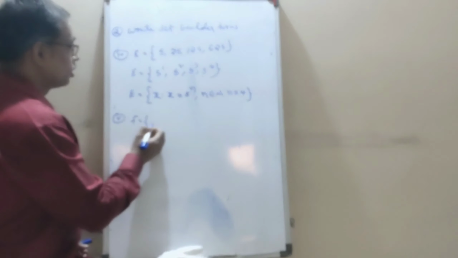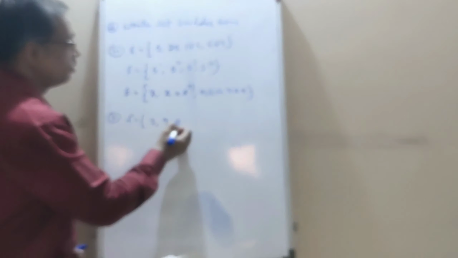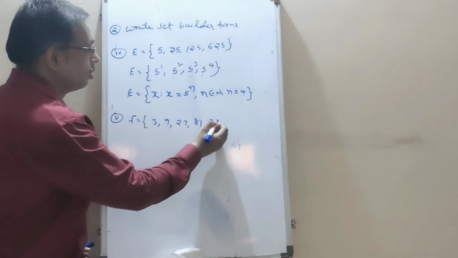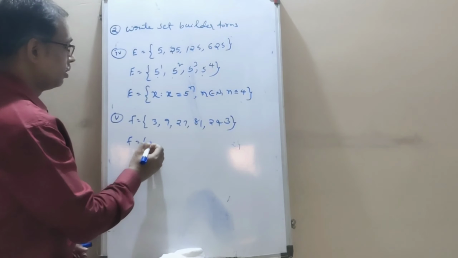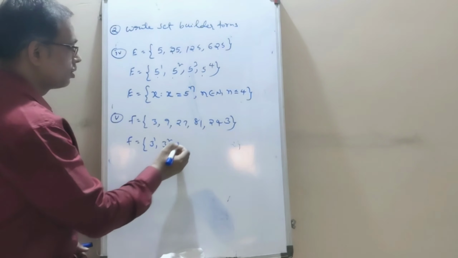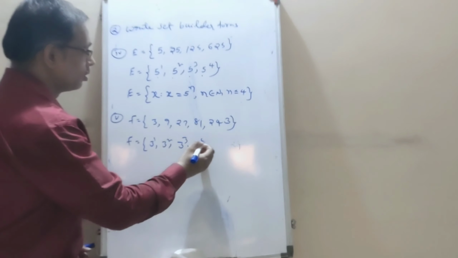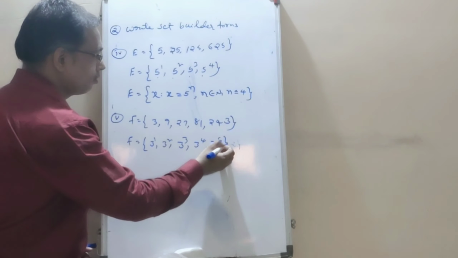Like this we can write one more for practice. For example, the set F is 3, 9, 27, 81, 243. We can write simply 3 power 1, 3 square, 3 cube, 3 power 4 and 3 power 5.